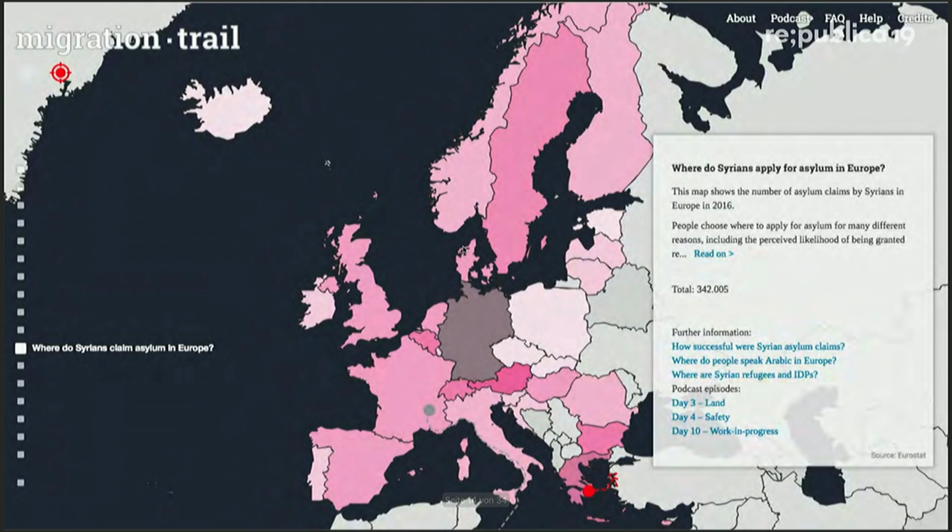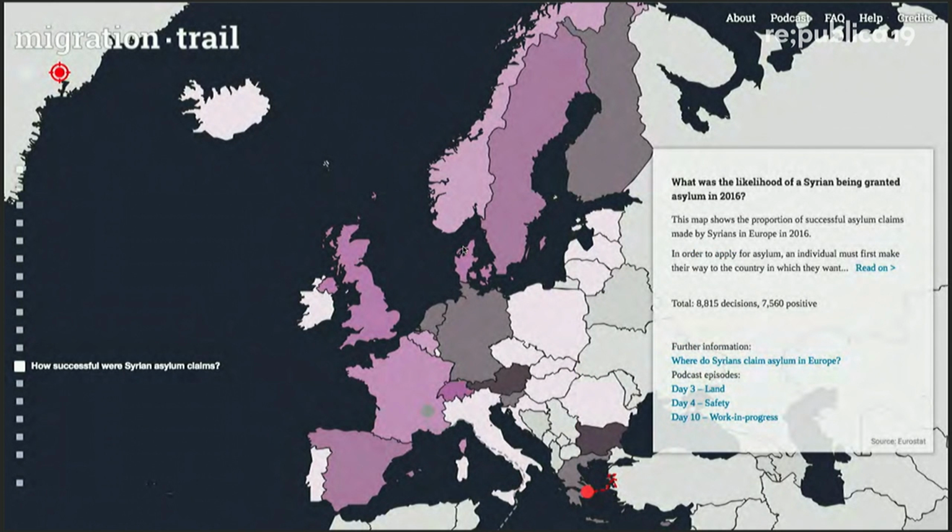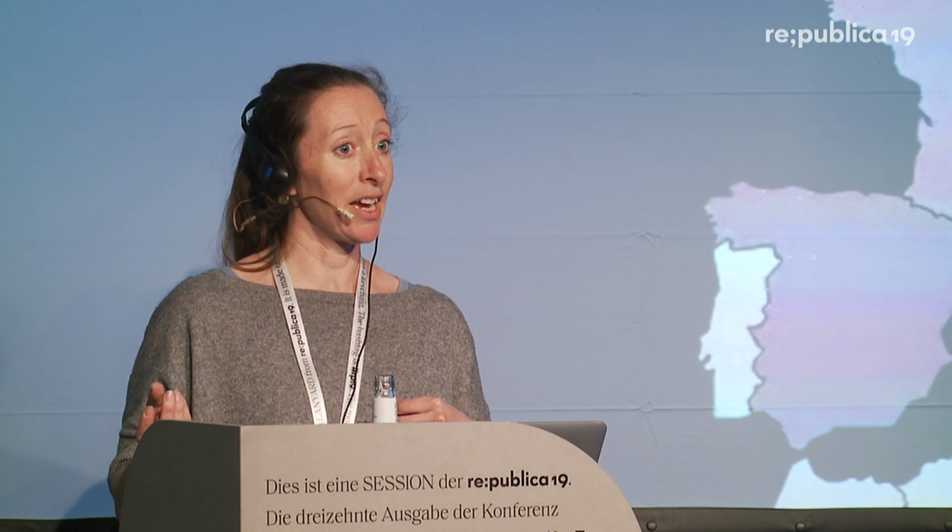And then zooming out still further, we had these choropleth maps that showed statistics that helped to put the whole journey into context again. So this one was about where Syrians apply for asylum in Europe. Overwhelmingly, it was Germany. And then also the place that you stood to get the best chance of having your asylum claim granted. And that ranged massively across Europe, depending on your nationality and the country that you were applying in.